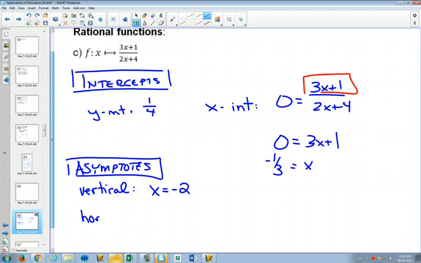To figure out if your function has a horizontal asymptote, and this one does, you're basically looking at a limit. What's the limit of this function as x gets really, really big?